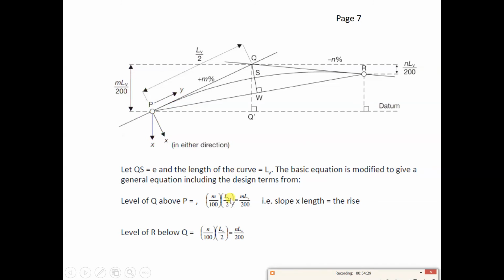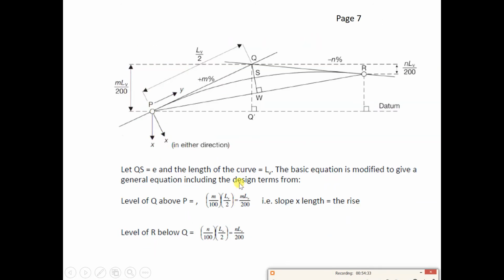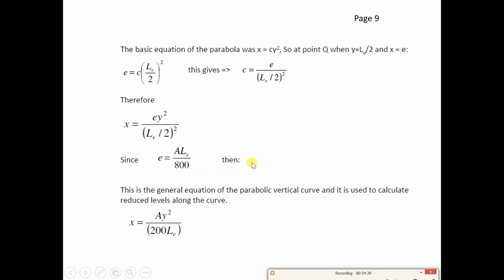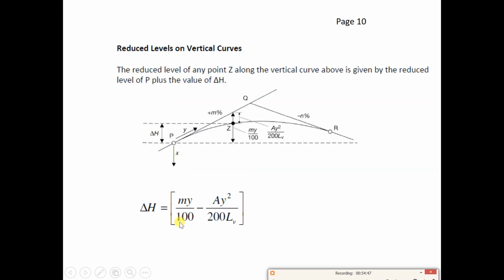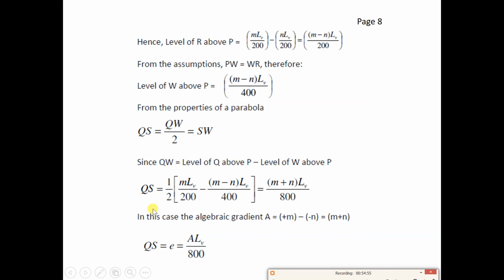I think I just skipped the derivation of this formula. There's a y and x. Where is x?